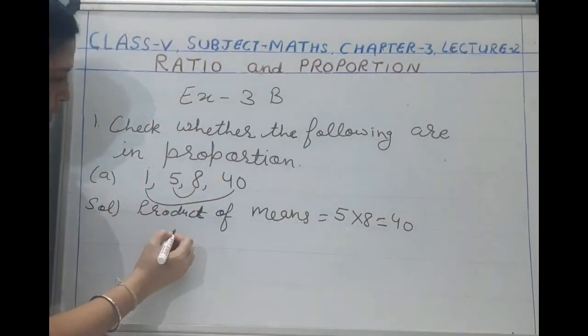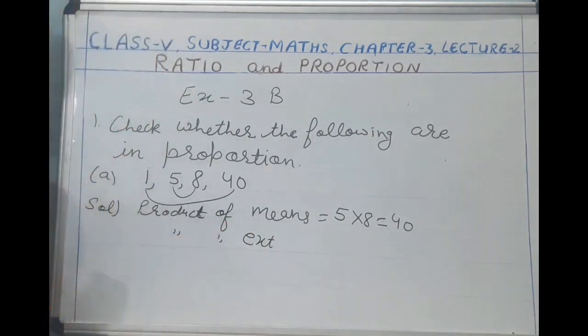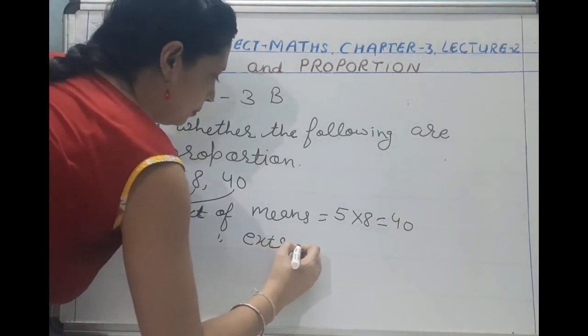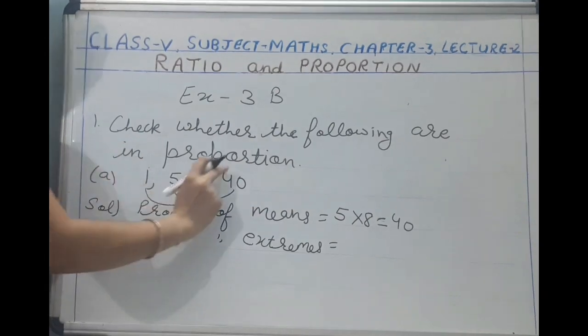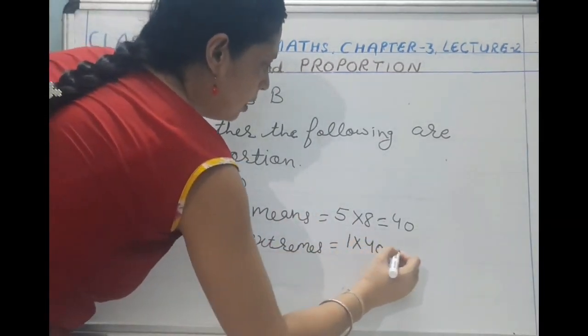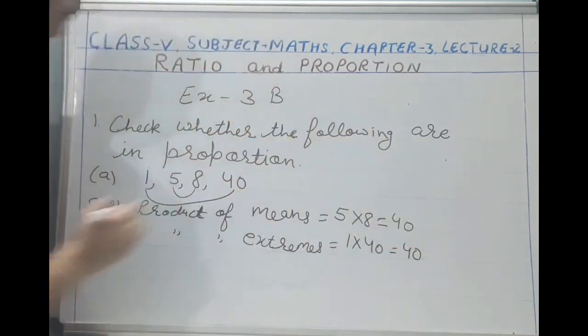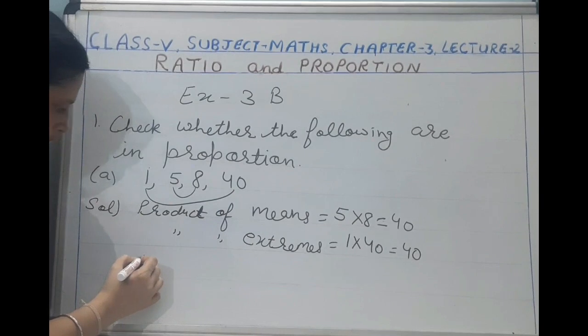Okay. And now product of extremes. Extremes, the outer ones, 1 into 40. 40 ones are 40.